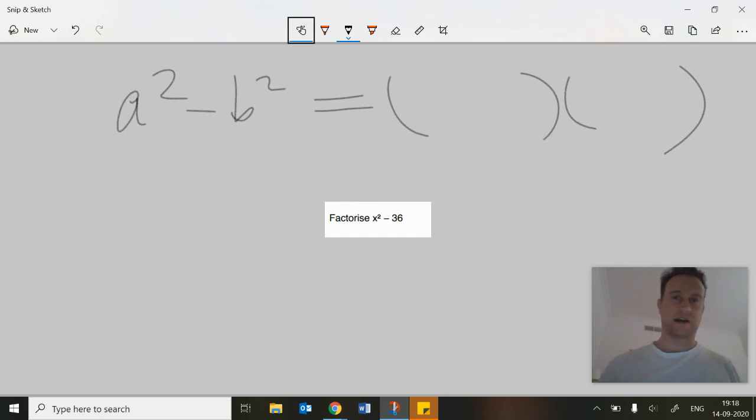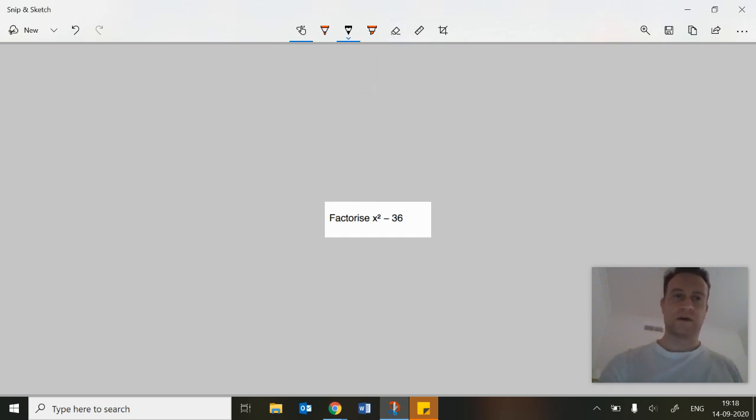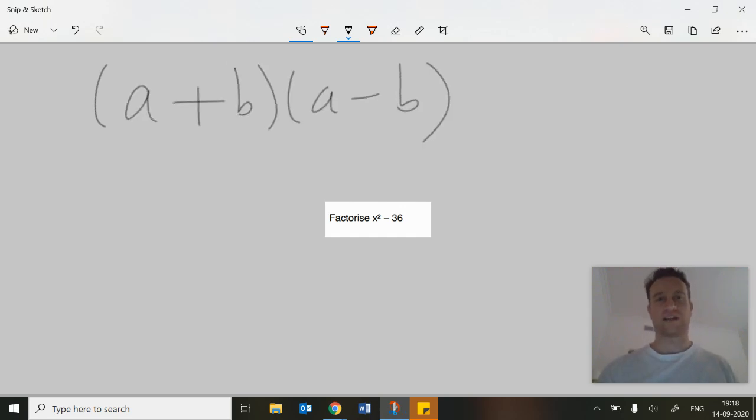Well, it comes from multiplying out this set of double brackets. A times a gives us a squared. A times minus b gives us minus ab. B times a gives us plus ab.